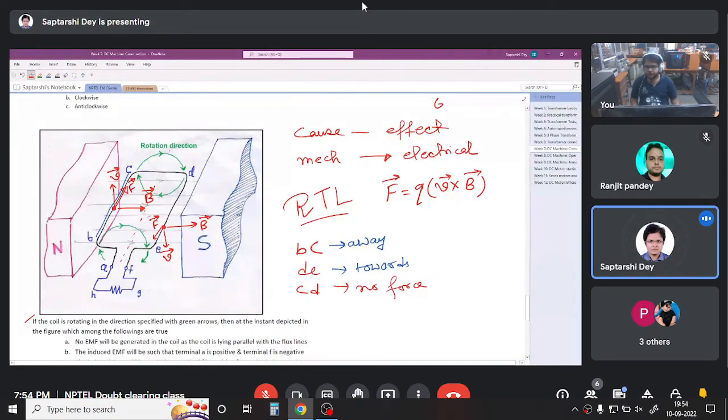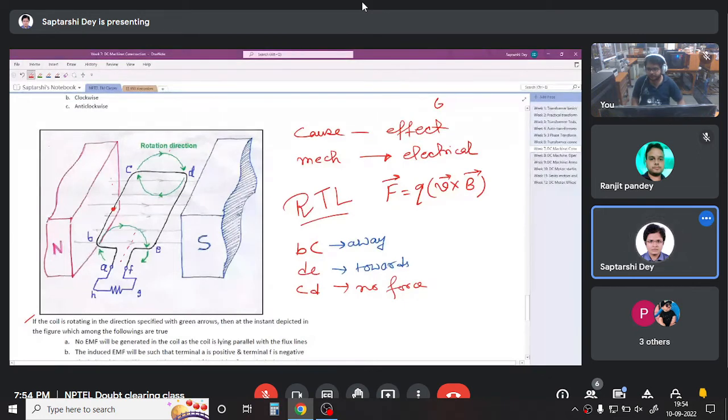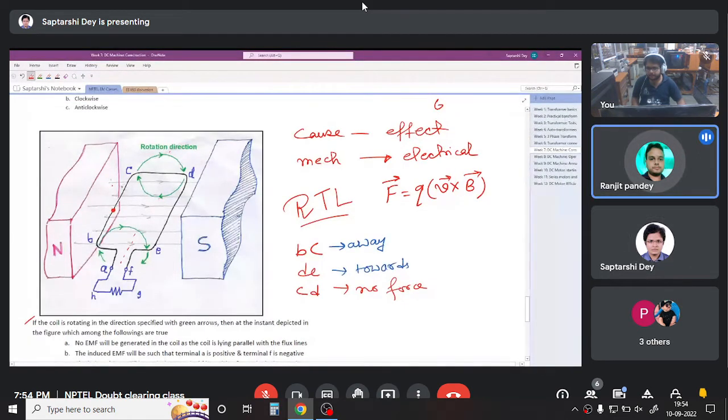Right? So now what will happen? We will clear up all the garbage and write down our observations.